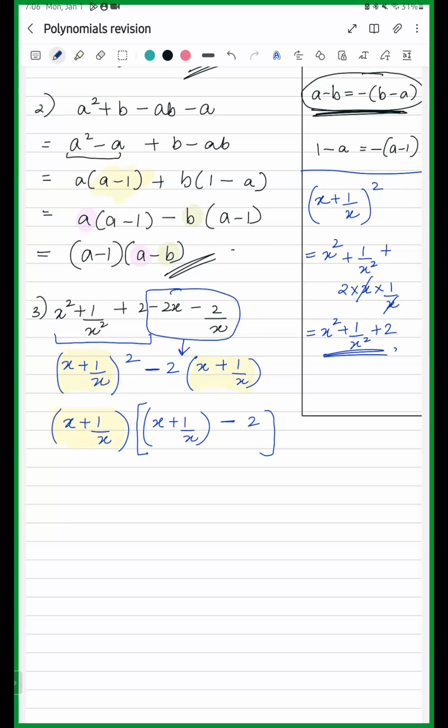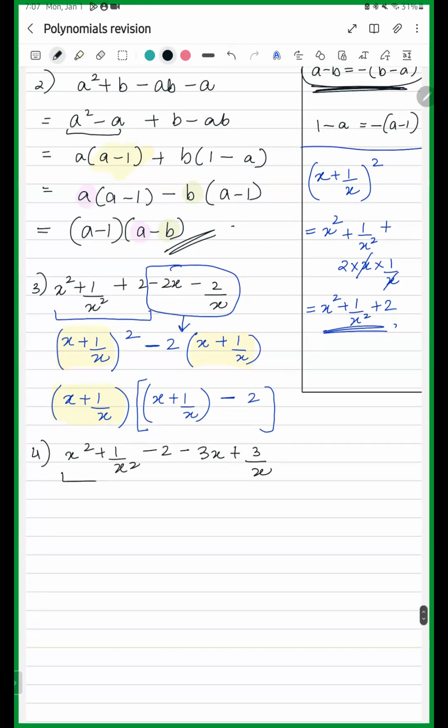Okay. So a similar question, a very similar question. X square plus 1 by x square minus 2 minus 3x plus 3 by x. Okay. So see here it is minus 2.